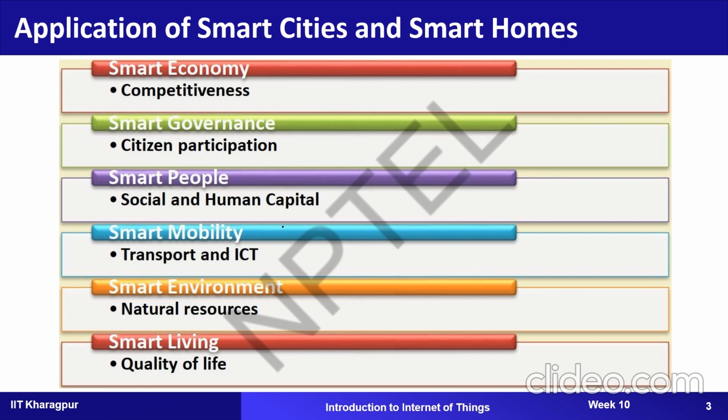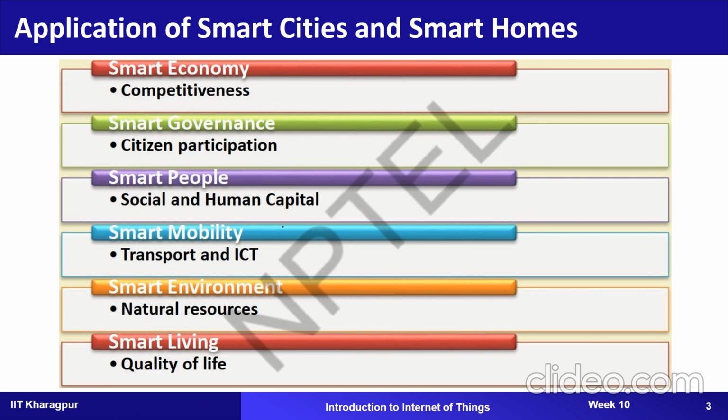All these things make up a smart economy. Then the next one is smart governance. In smart governance, there should be participation of citizens, and there should be transparency between the government and the citizens. That will make smart governance.